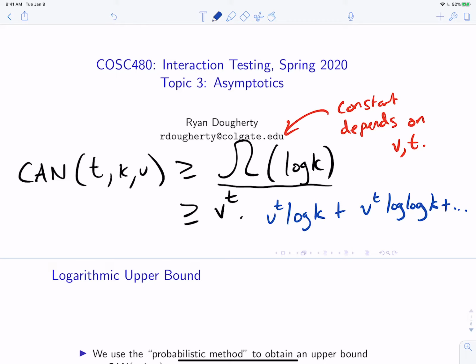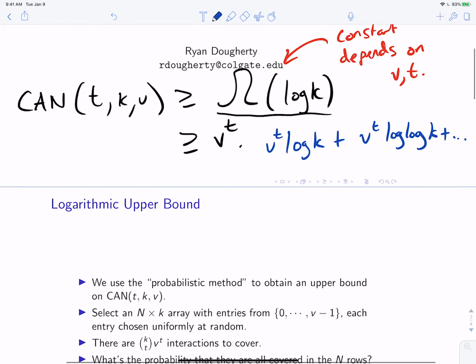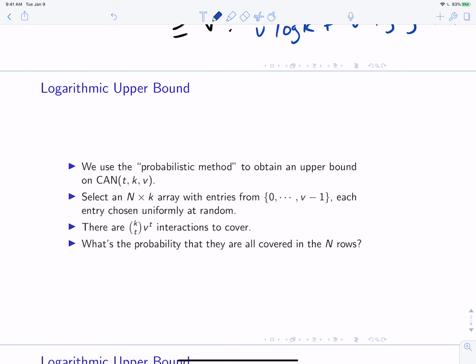The big O or big omega notation hides not only the constant, but the lower order terms too. In fact, when we get to higher index covering arrays later in these slides, there is a lower order term associated with that. So that might be an interesting project idea too. So let's get into it though.